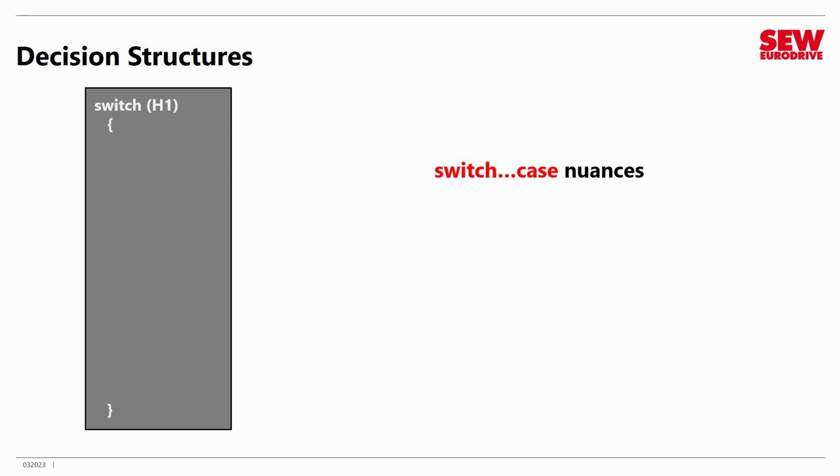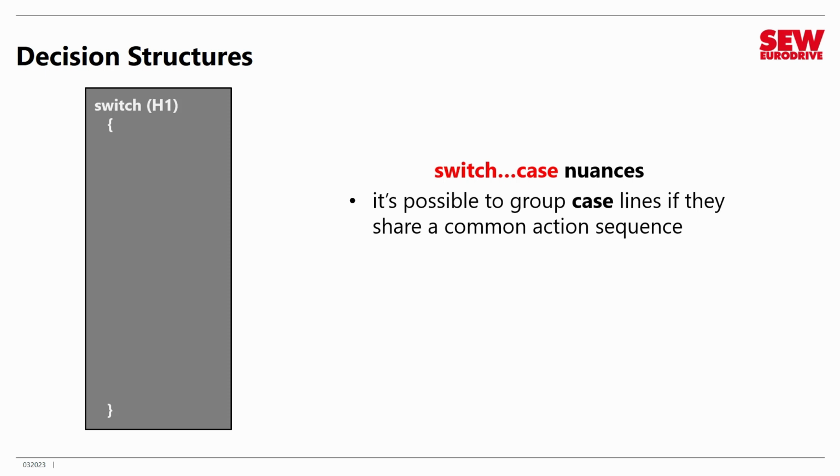There are a few interesting nuances to using switch case, and here's one that's kind of neat. If you have several different cases that have the same code, the same action sequence, you can group them together like this. So for example, if case 0, 3, and 5 do exactly the same thing, just put them one after the other and then put the code to go with them.